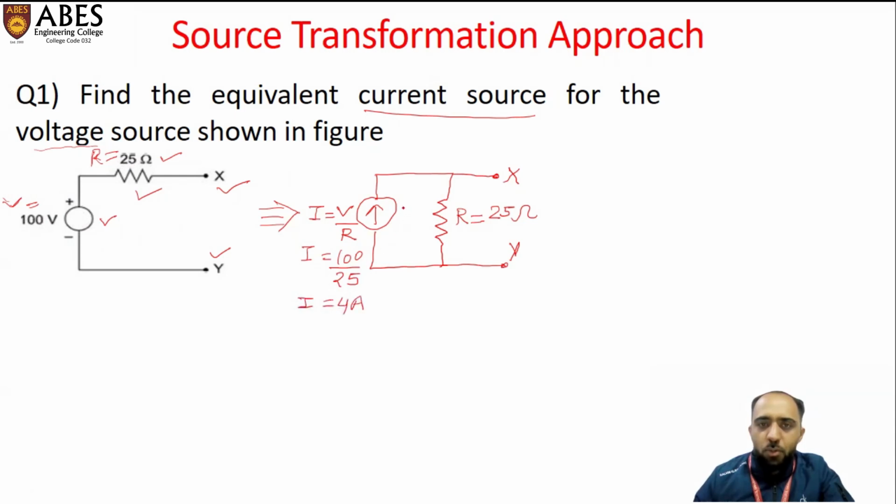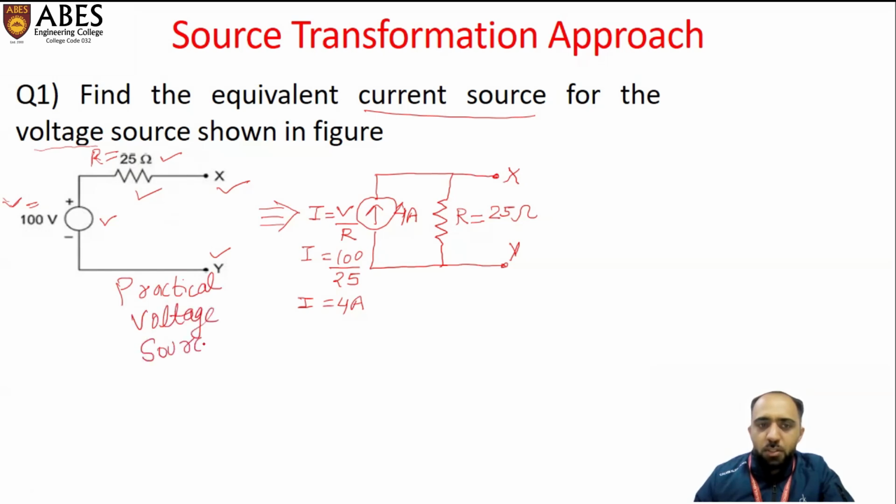So we can write the value of this particular current source, 4 ampere, and the resistance R is equals to 25 ohm. So as per our question, we converted the practical voltage source into practical current source. I'm writing here, this is practical voltage source.